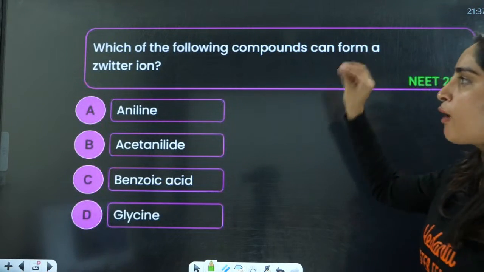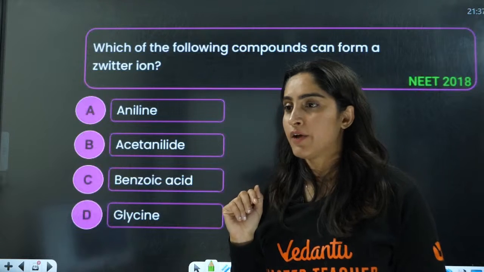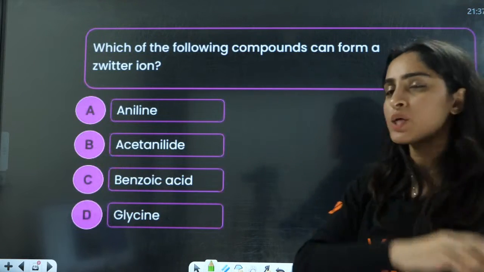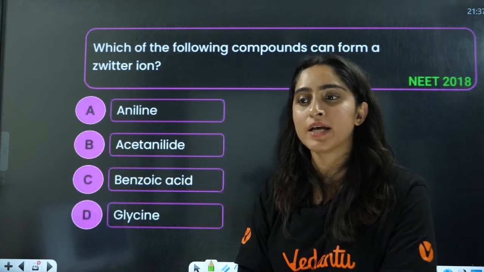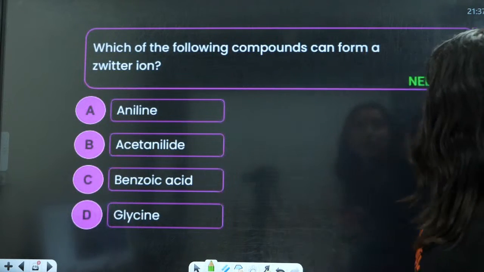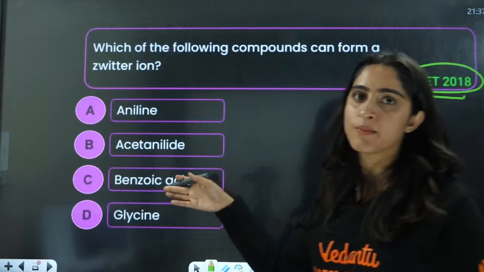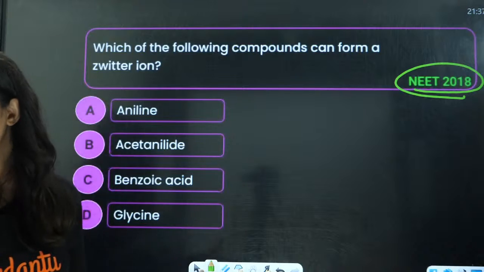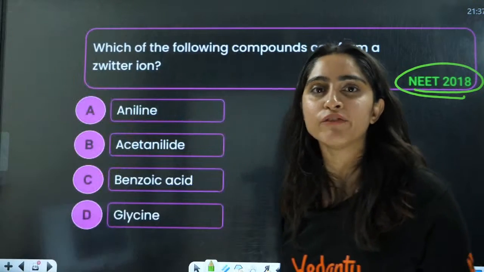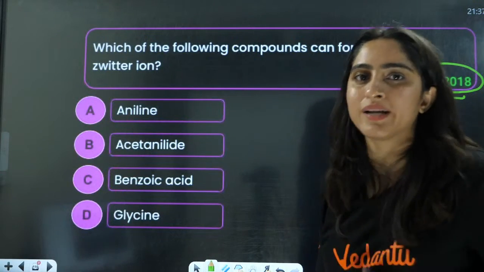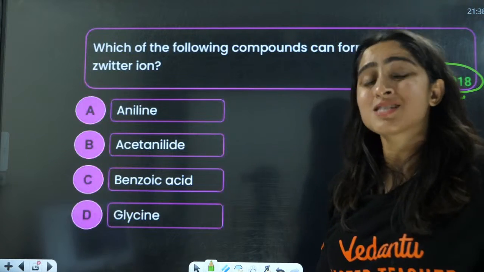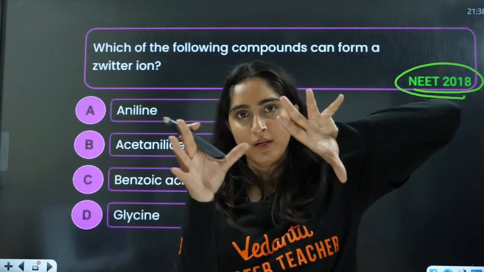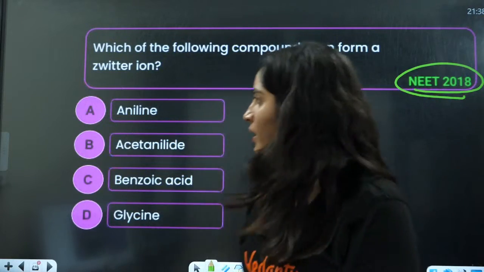Which of the following compounds can form a zwitterion? Out of this, which is an amino acid? This was asked in NEET 2018, a very simple question. Zwitterion is formed by amino acids, or something that has a basic and an acidic group in just one molecule.